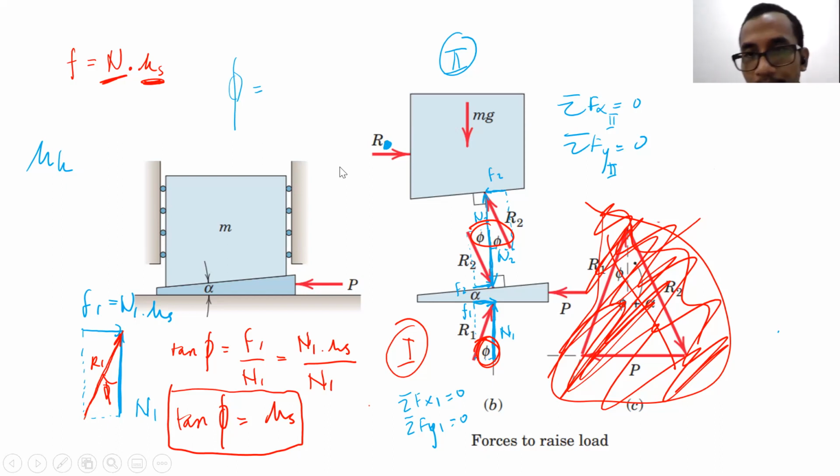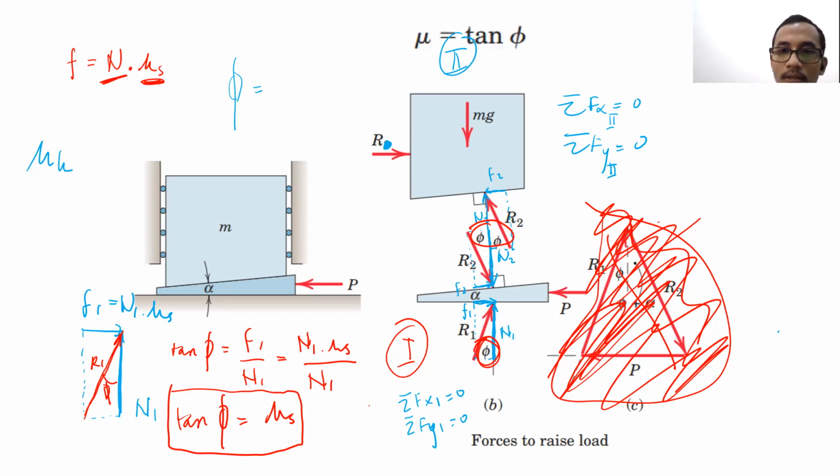Any other question about this? Before I discuss the condition that you need to know. No more questions?